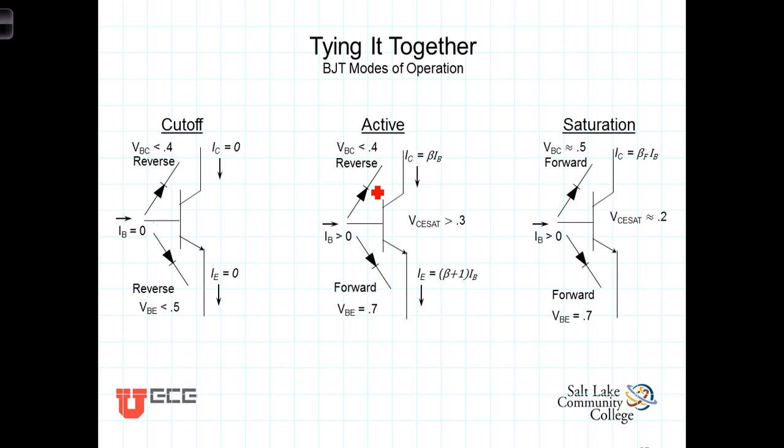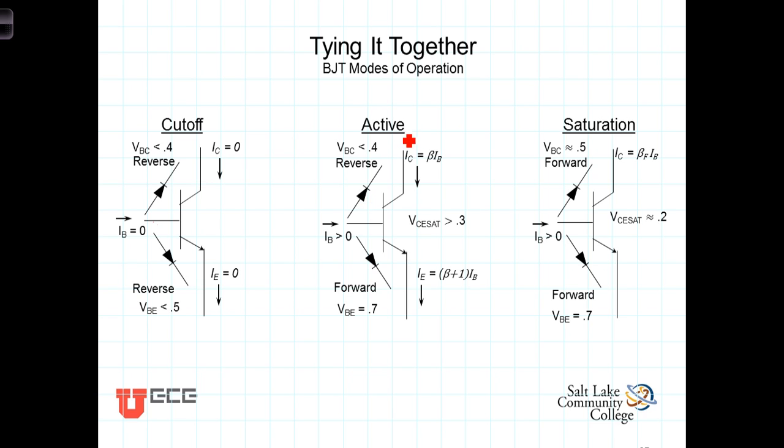As that voltage increases, either by the voltage of the collector dropping or the voltage of the base increasing to the point that this junction is greater than about 4/10 of a volt, the transistor then moves from the active region into the saturation region, and we'll talk about that in just a second.